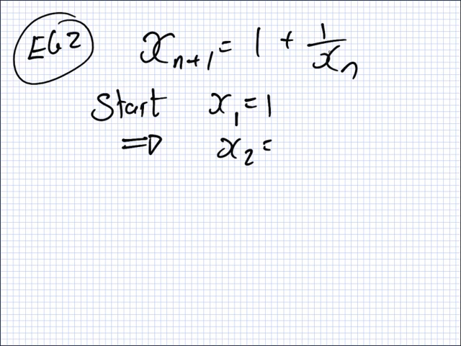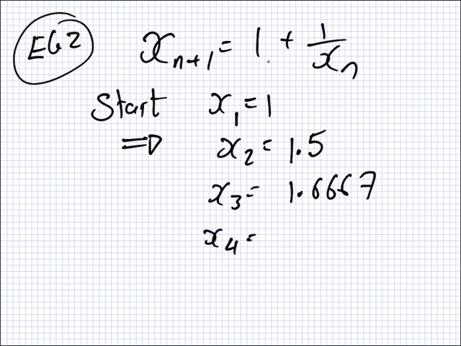It'll be 1 plus 1 over 2, which is 1.5. Okay, what will x3 equal? That'll be 1 plus 1 over 1.5, which is 1.6667, for example. What's x4 equal to? That's 1 plus 1 over 1.6, etc. Now, using that trick on the calculator, could you figure out what a limit might be?